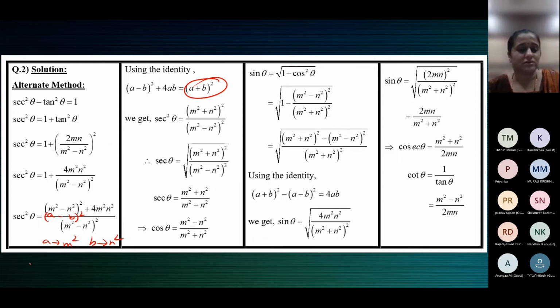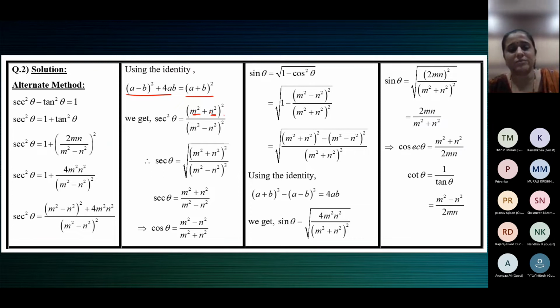So the numerator becomes a plus b the whole square, where a is m square and b is n square.